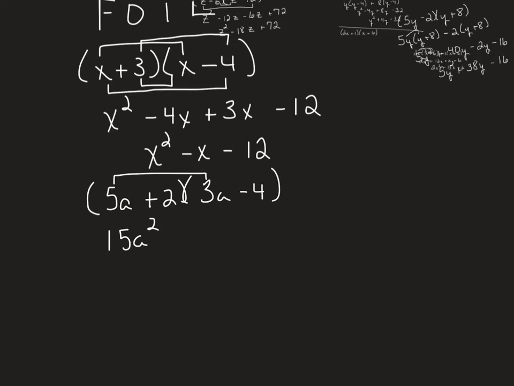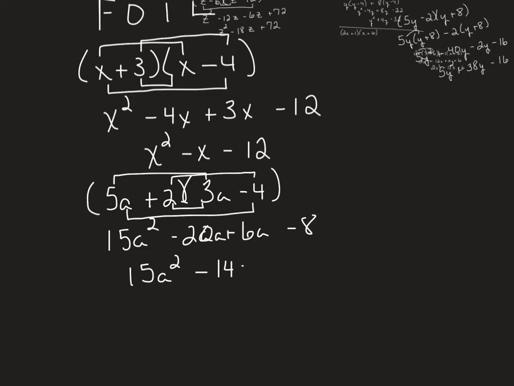The two outside terms, first outside, negative 4 times 5a is negative 20a. The inside terms, plus 6a. Negative 20a plus 6a, and then the last terms, minus 8. So we have 15a squared, negative 20a plus 6a is negative 14a, minus 8.